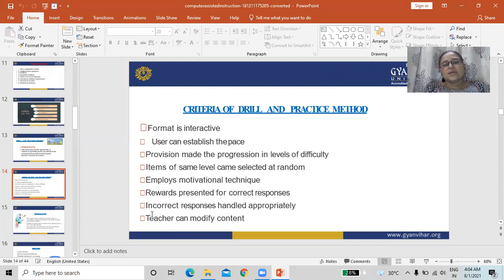User can establish the path. Provision made for progression in the levels of difficulty.